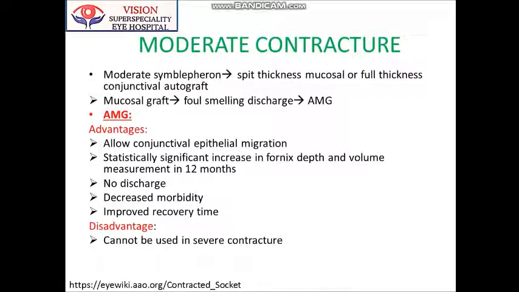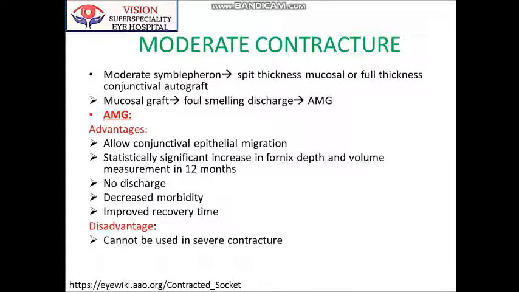In case of moderate symblepharon, when there is limited conjunctiva, split thickness mucosal or full thickness conjunctival autografts are used. Mucosal grafts can undergo extensive contraction and result in foul-smelling discharge. Therefore, other materials like AMG, or amniotic membrane graft, are considered. Amniotic membrane grafts allow for conjunctival epithelial migration.